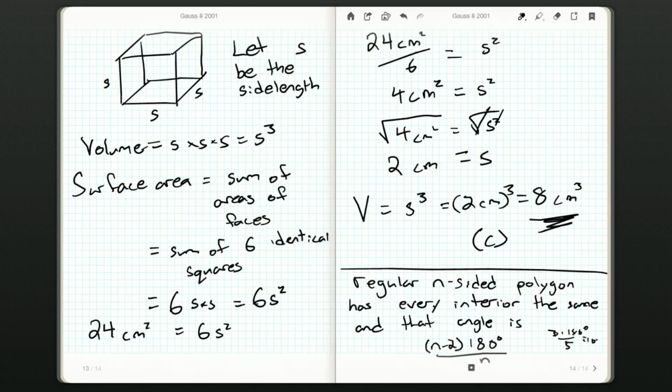So every interior angle of a regular n-sided polygon is the same, and we have a formula for that. This is a good formula to know because it can help you if somebody comes up to you with a question involving a regular heptagon. But back to the actual question at hand.